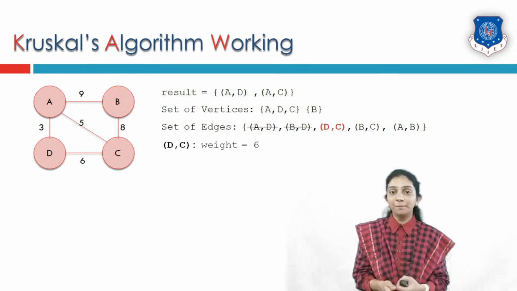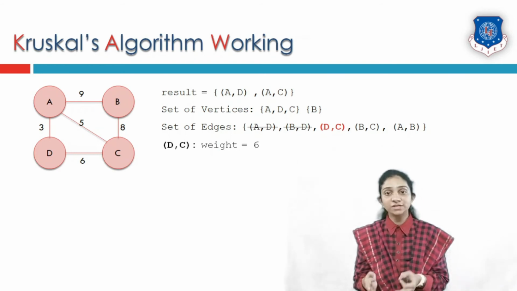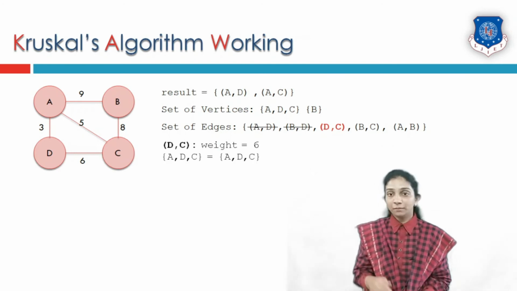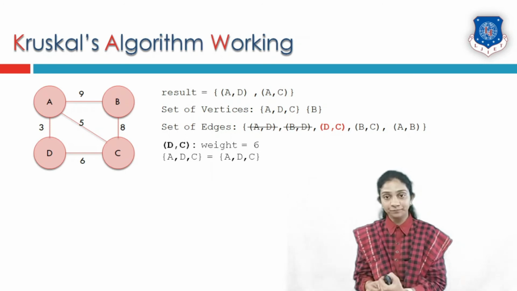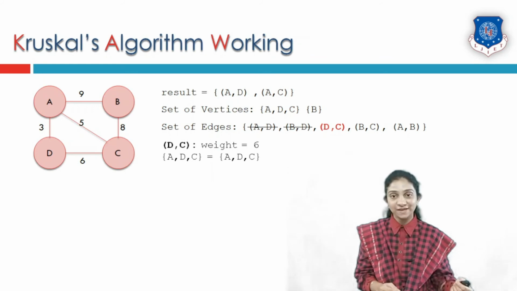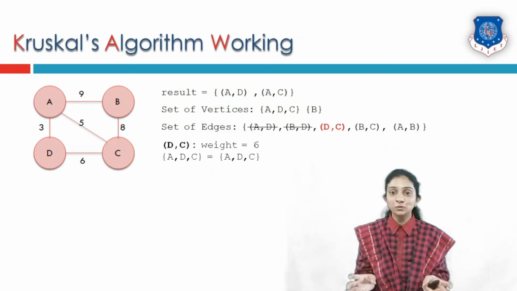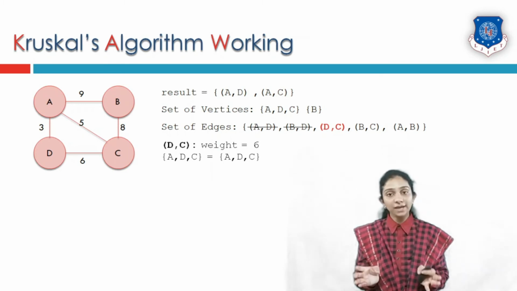We first compare the two vertex sets, that is the set which contains D and the set which contains C. From the set of vertices you can see that D and C belong to the same set. That means the set which contains D is A, D, C, and the set which contains C is also A, D, C. Here the elements of these two sets are equal, so we say that the sets are equal.